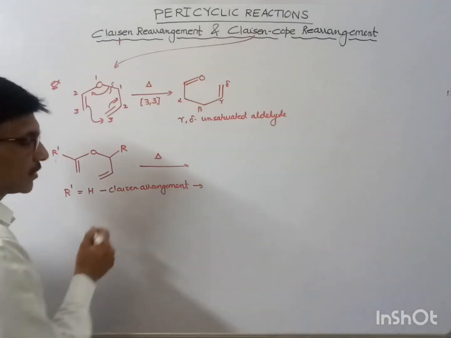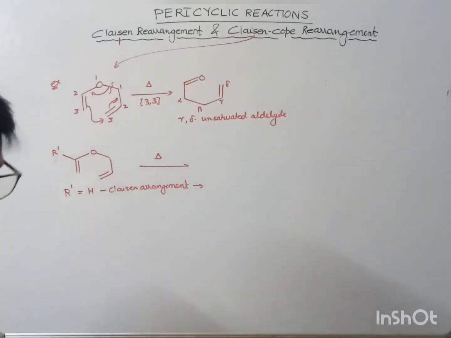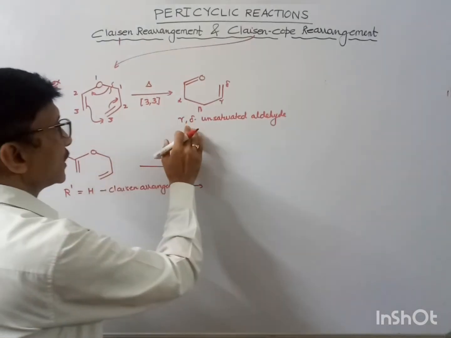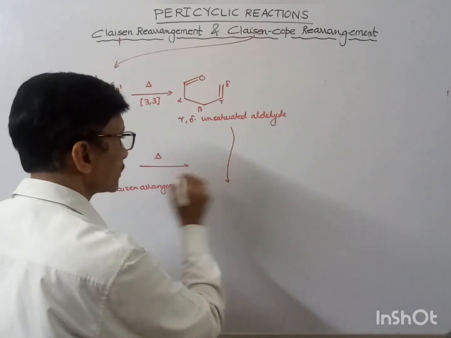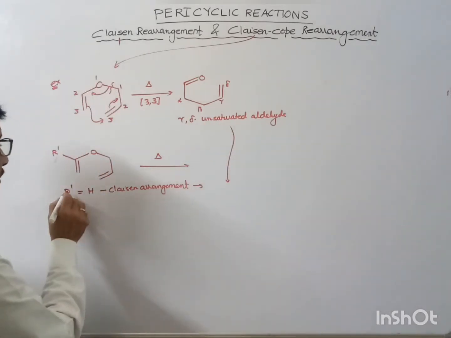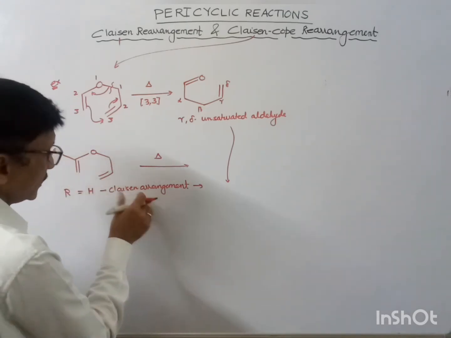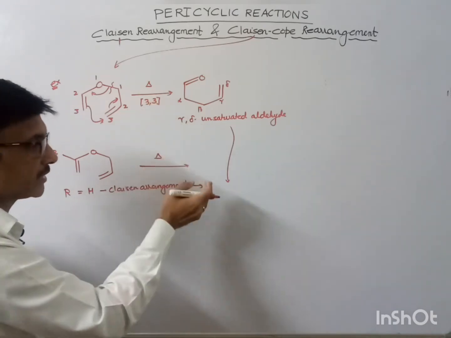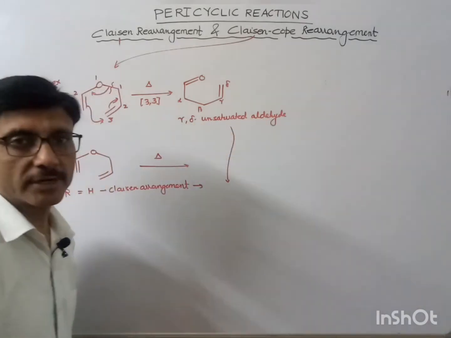So here the gamma delta unsaturated aldehyde is the product. In this case, when R dash or R is H, then it is called the Claisen rearrangement, and the product here is gamma delta unsaturated aldehyde.